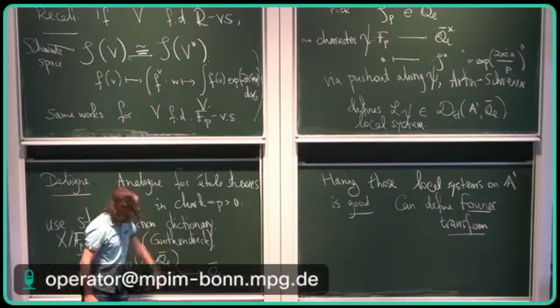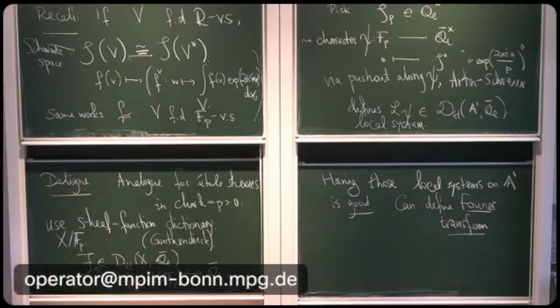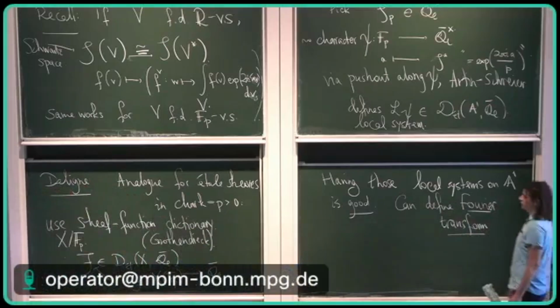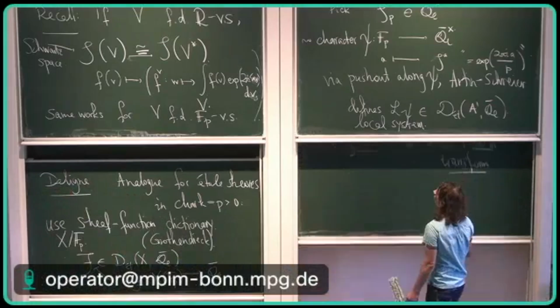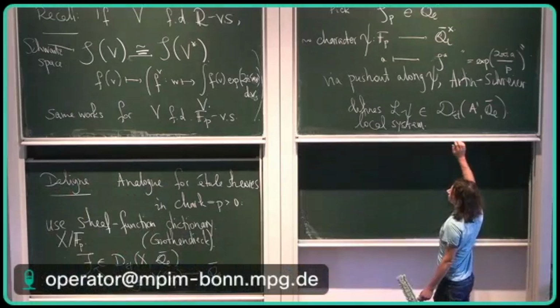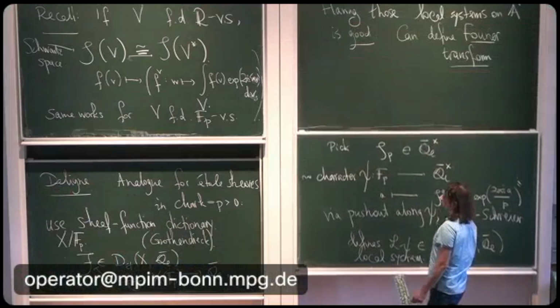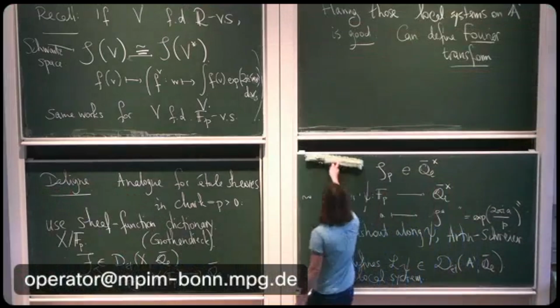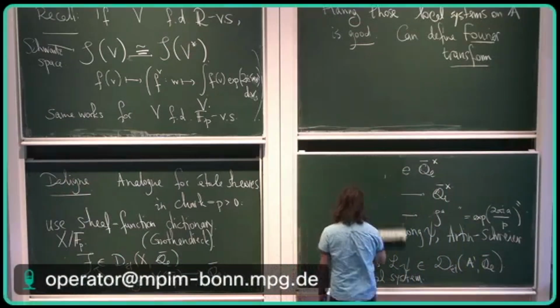You can just take its trace. And in this way, the operations that you can do on sheaves upgrade more naive operations you can do at the level of functions.